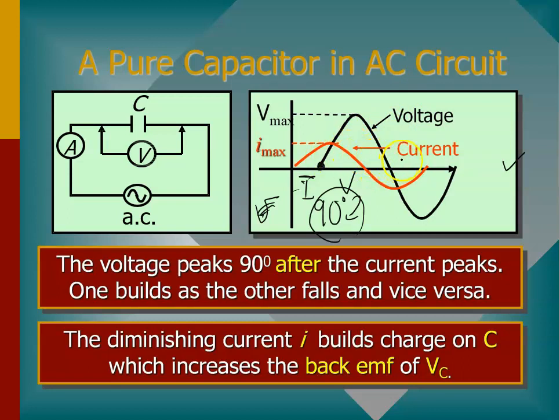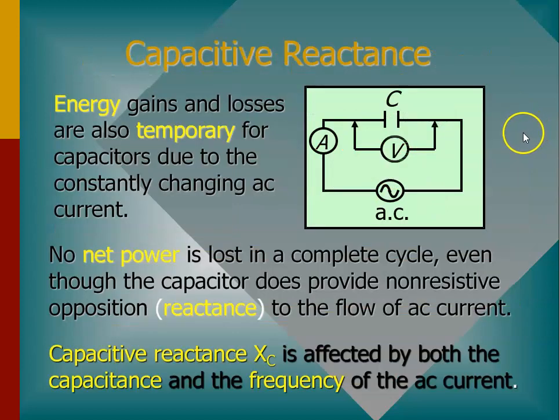Okay, now as you can see the similarity between this and the pure inductor in an AC circuit, you know that frequency gives a big impact to the value of V and resistance.